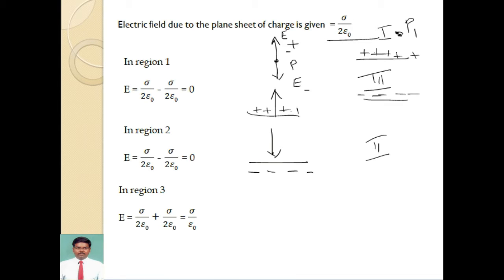E plus means the field direction because of the positive charge, E minus means because of the negative charge. Since the fields are oppositely directed, the net field E will be equal to 0 outside the plate.